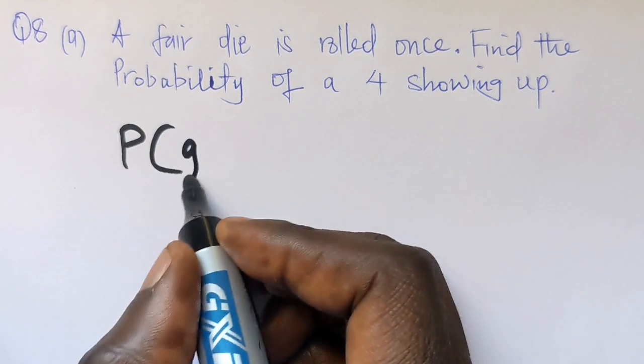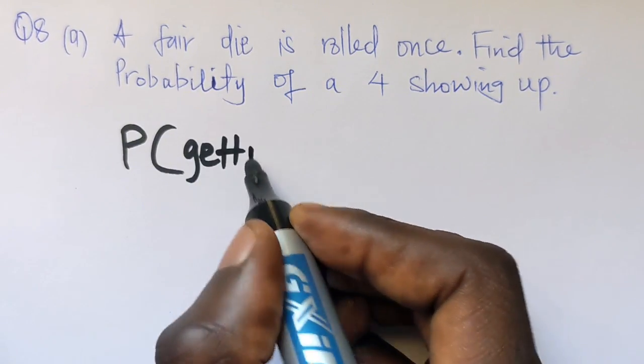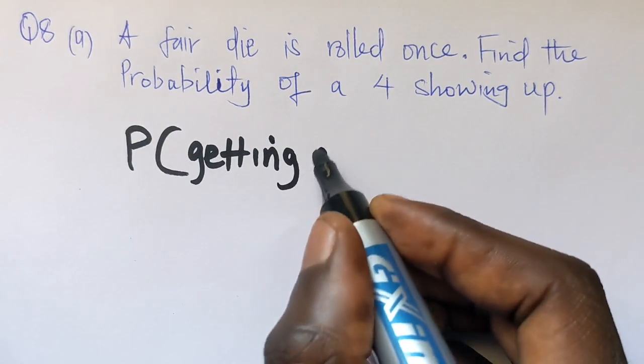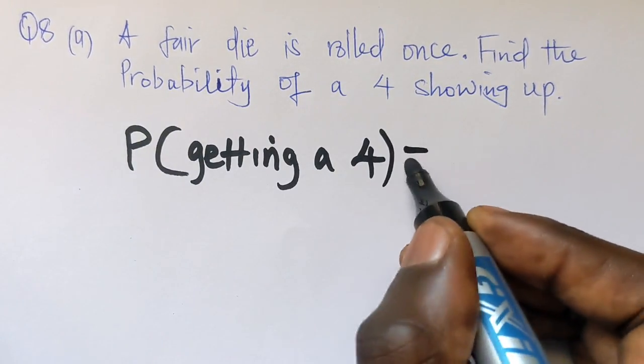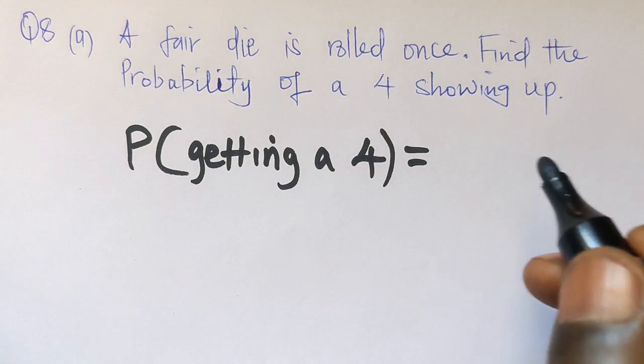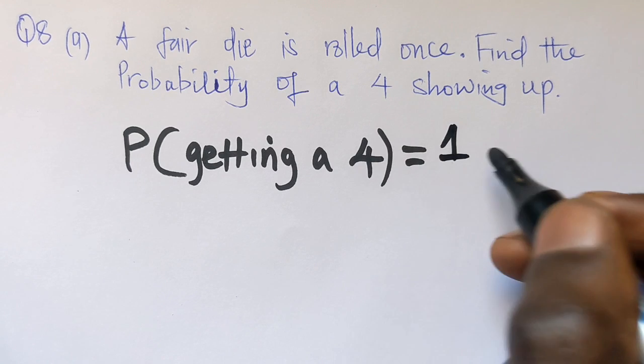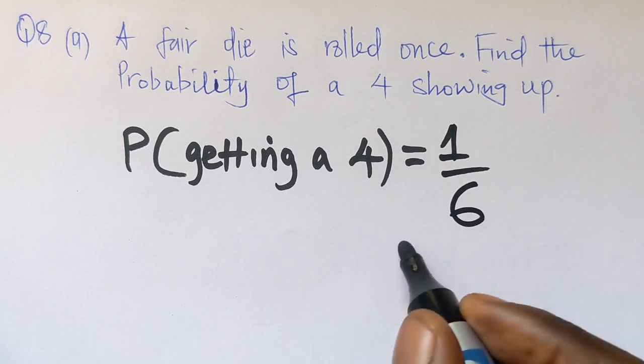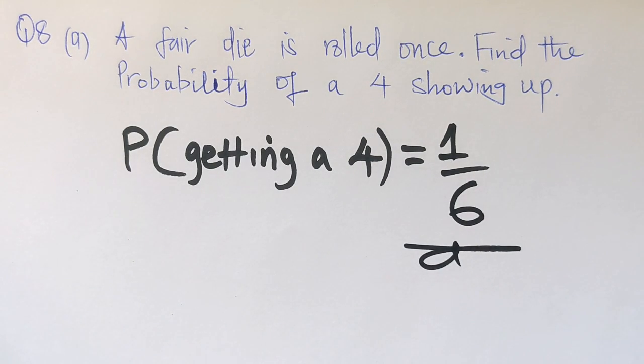Probability of getting a 4 is just one out of the 6 results on the die. So this is 1/6. So 1/6 is the answer.